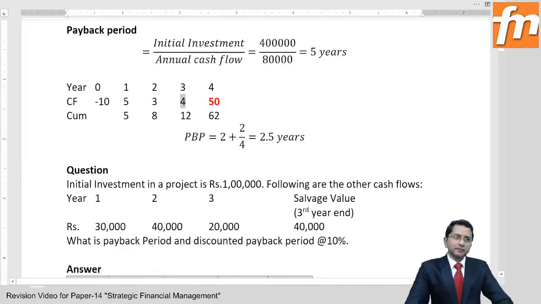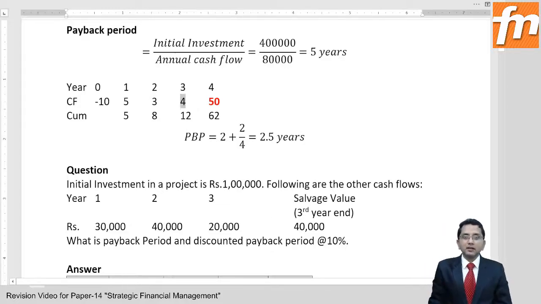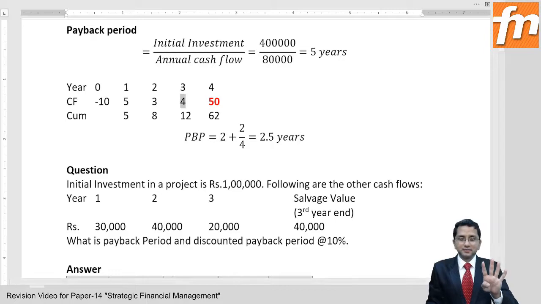In the third year, I am earning 4 lakh rupees, and I just want to earn 2 lakh rupees for payback. So I make it proportionate: since it takes 1 year to earn 4 lakh rupees, it will take just half a year to earn 2 lakh rupees.